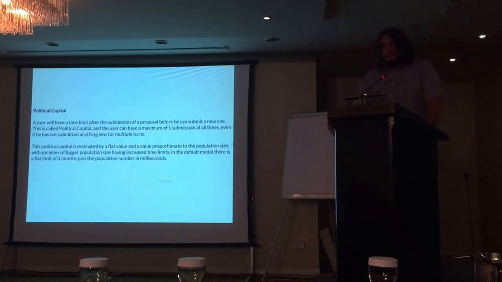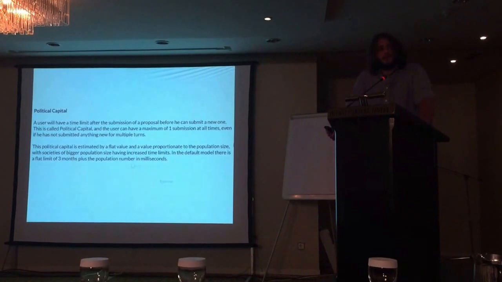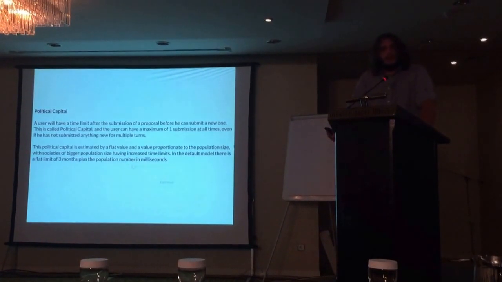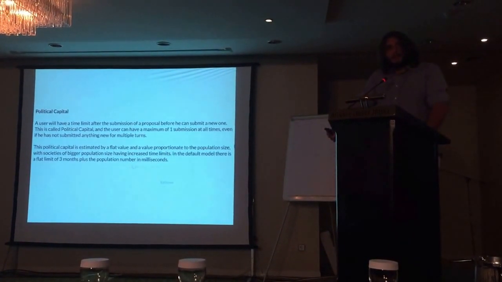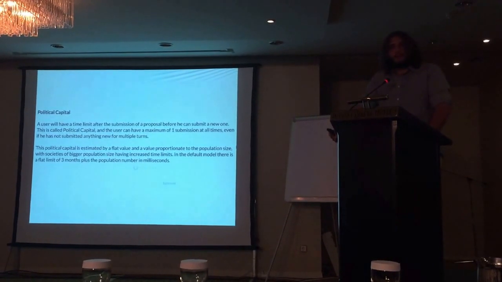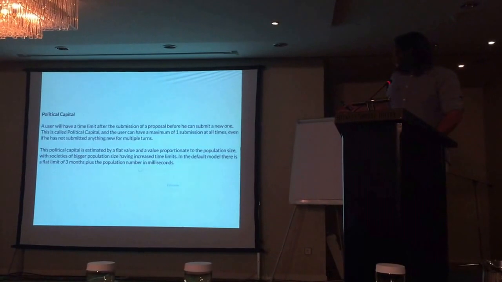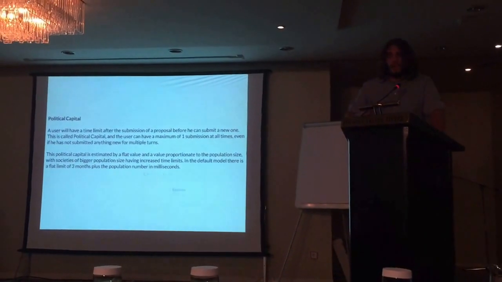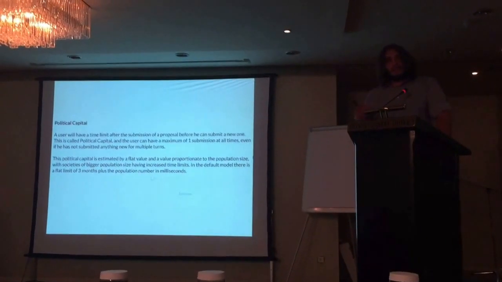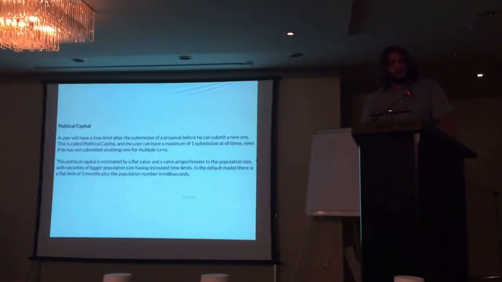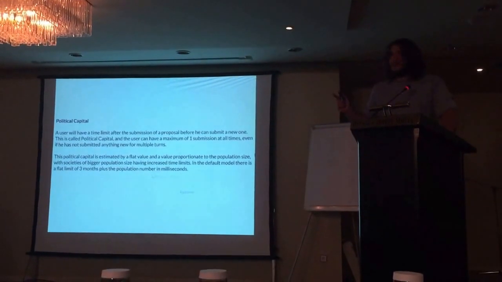And in the last system, political capital is similar to currency. Each user will have a maximum of 1, and he will spend that to make a new proposal. When he spends it, after some time, it will be renewed, and he can make a new proposal.